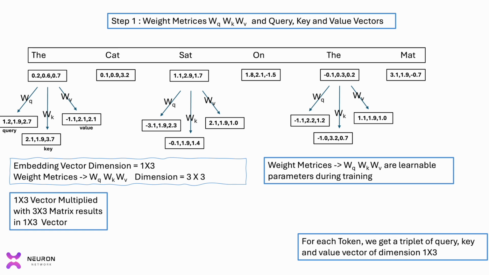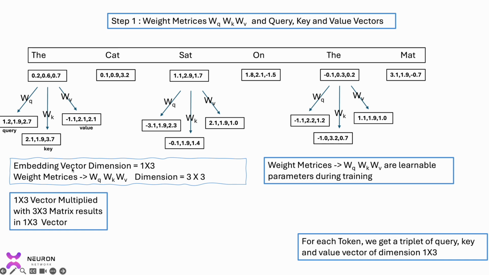So when we are training our transformer models, these particular weight matrices are also learned, okay? In this particular case, to make the math simple, we'll keep the weight matrices as 3 cross 3 matrices, so that the math works out.